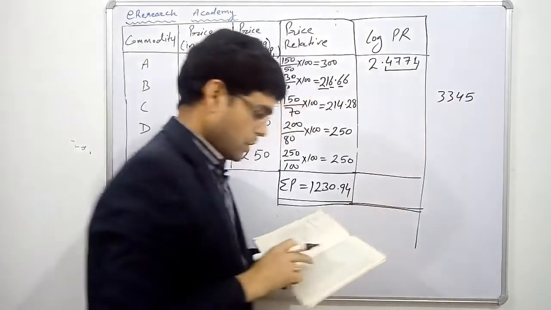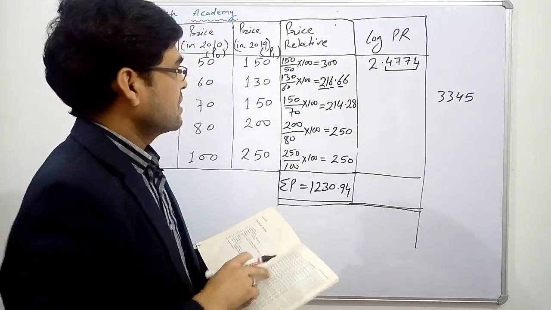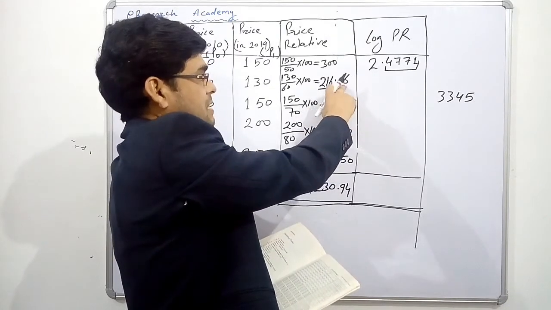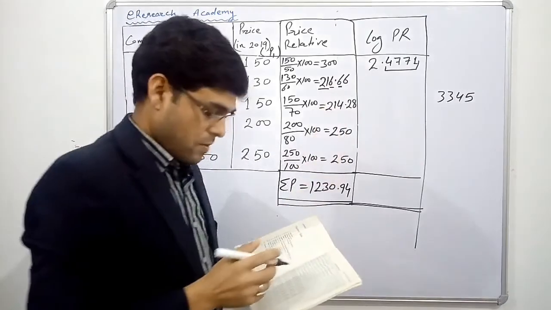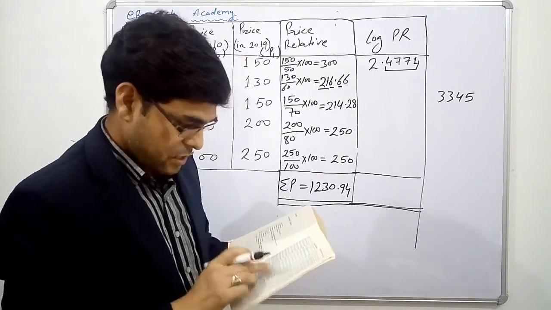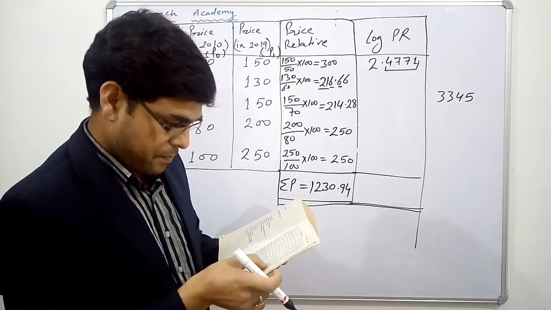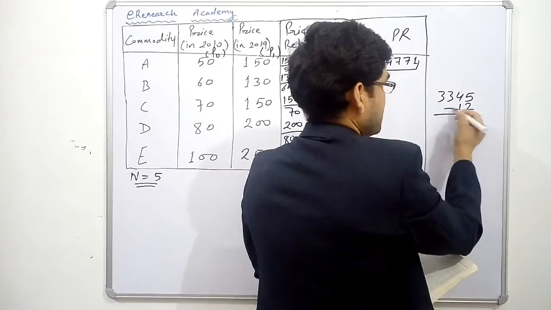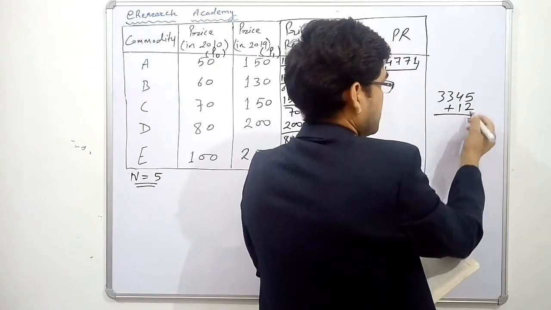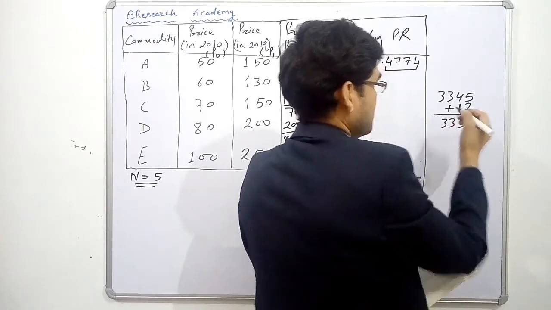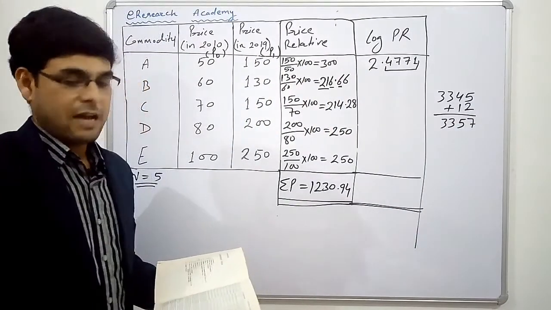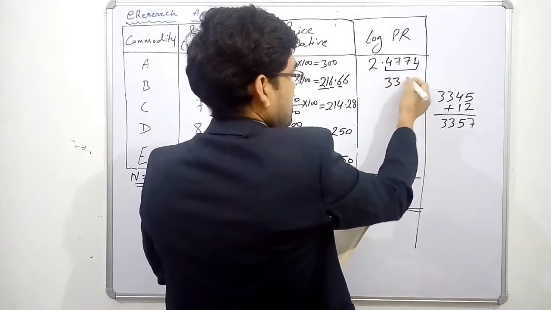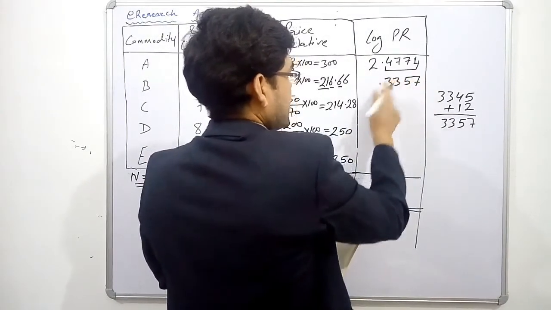Mean difference is 6, and for mean difference 6 we have 12. Add this 12 here, it gives you 3357. Write it here, 3357, with the decimal point before it.